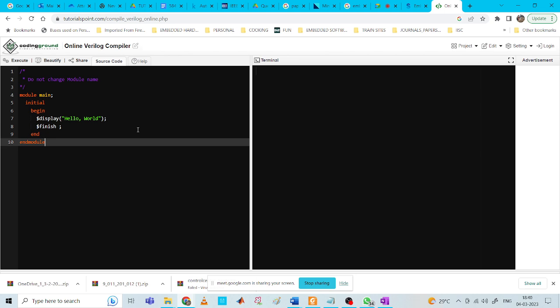If you start using this now, you will see there are many things which you are able to do. You can practice at the same time you can learn. So this online Verilog compiler is very important. If you have not taken a note, please take a note and check.